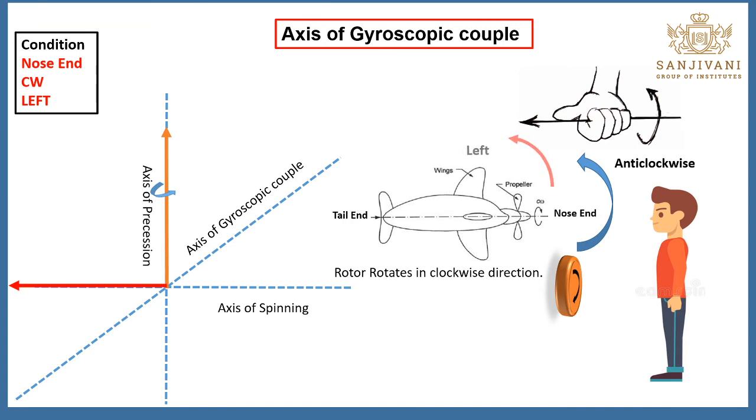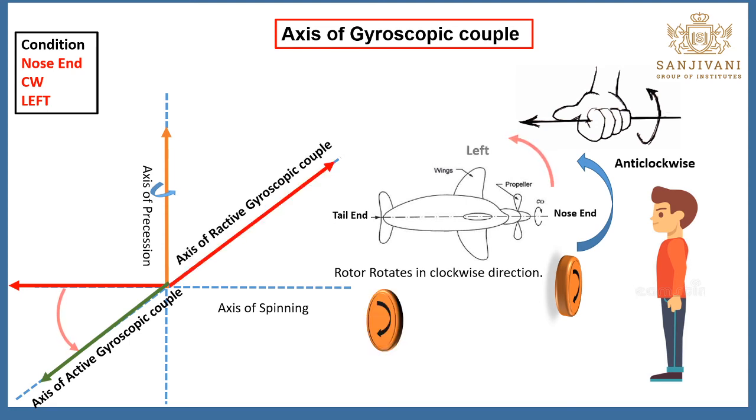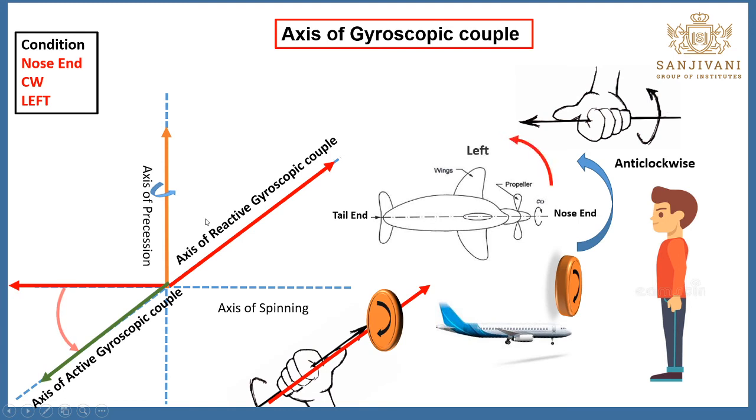What you need to do is rotate this axis of spinning in the anti-clockwise direction till it approaches the third axis, like this. Now this is your axis of the active gyroscopic couple, and this is the axis of the reactive gyroscopic couple.